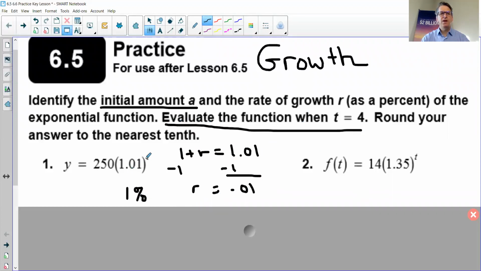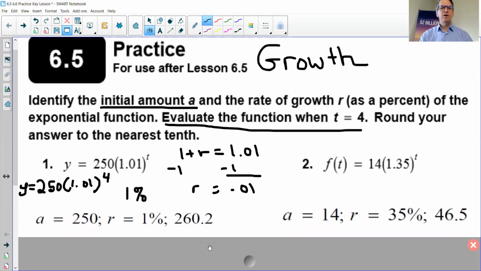If it asks you to evaluate the function when t is equal to 4, you're simply going to take this t and put a 4 there. So you're evaluating y is equal to 250 times 1.01 raised to the 4th power, and by doing that work, you have 260.2.